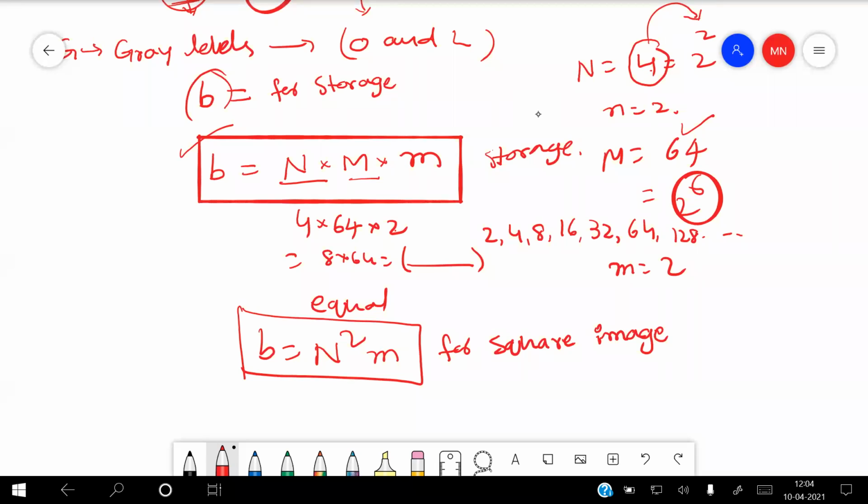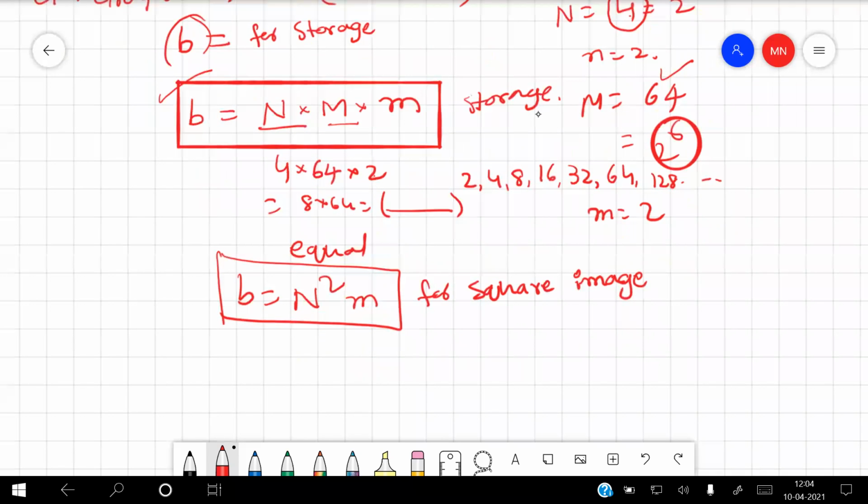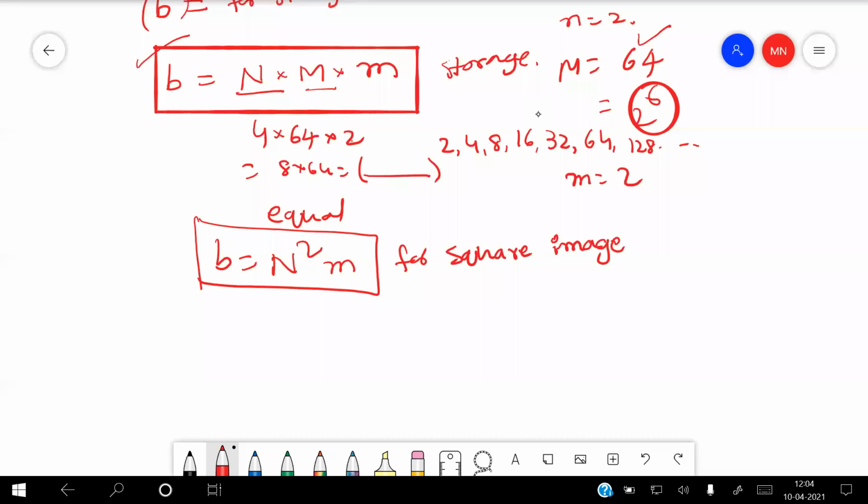For easy manipulations, easy calculations, easy analysis. Whatever analysis you are doing on that image, to analyze or understand better, you have to consider a square image. Because in matrix manipulations, if it is a square matrix, then you can find things in the simplest manner.